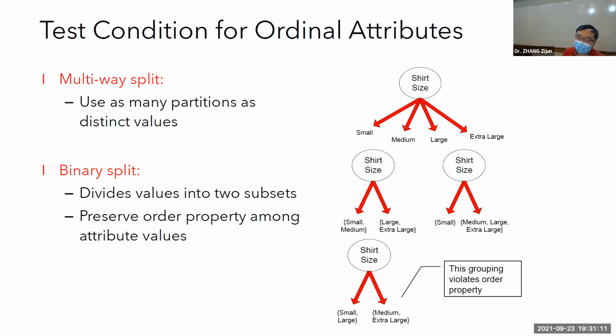So here we can divide values into 2 subsets, but we need to preserve the order property among attribute values. That's the issue: if you deal with ordinal attributes and adopt the binary split, the order becomes a constraint that limits the number of combinations for separating those values into 2 sets.